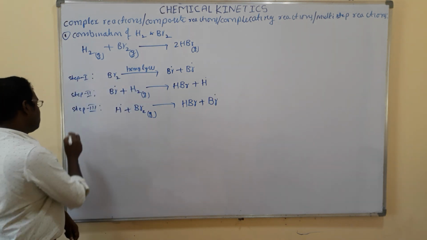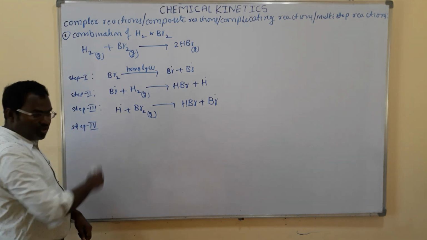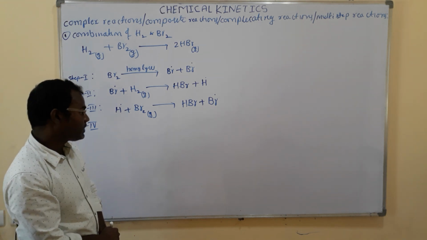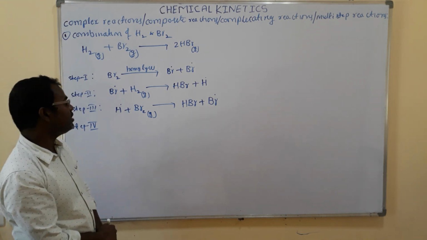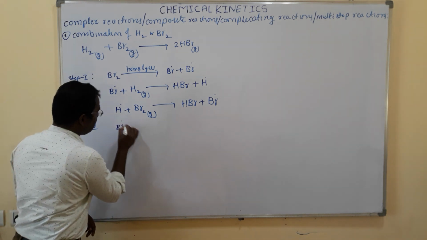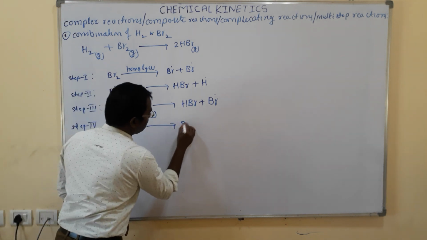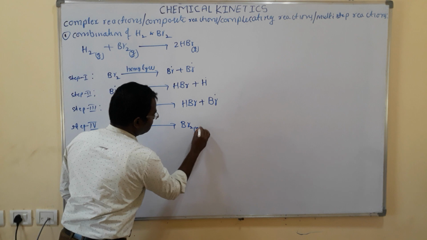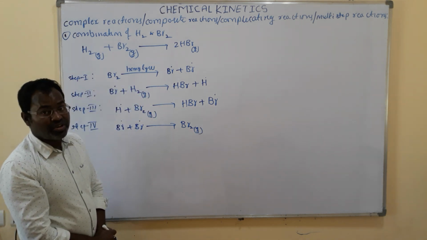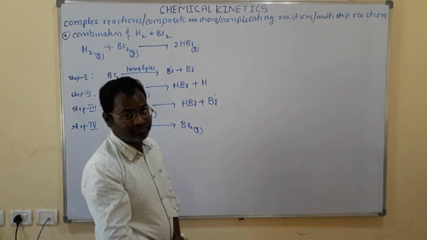In the fourth step, 2 moles of bromine atoms or bromine radicals combine and give the bromine molecule. So Br dot plus Br dot gives Br2 gas. These are the elementary reactions which take place in the formation of hydrogen bromide.